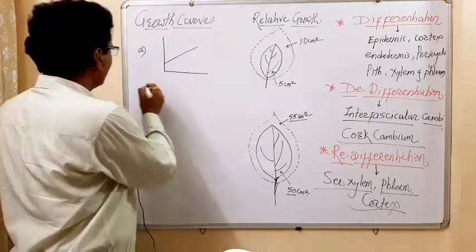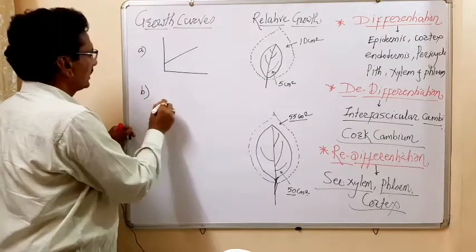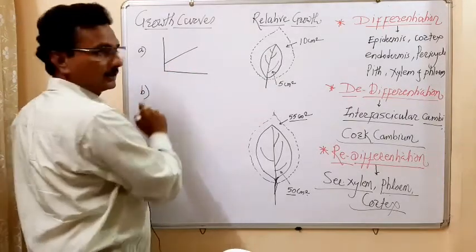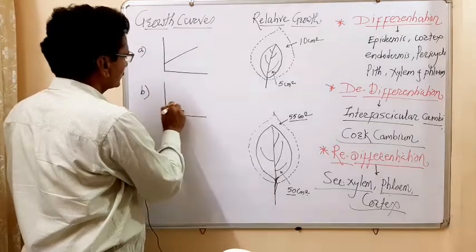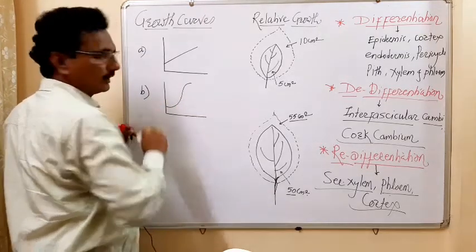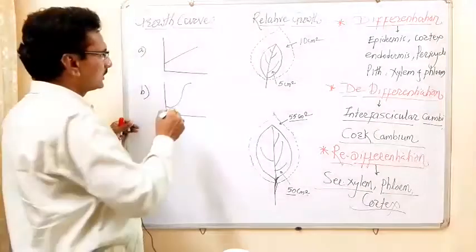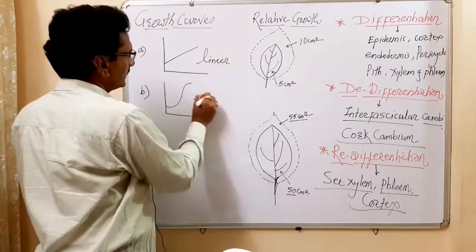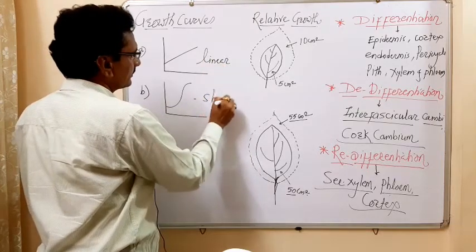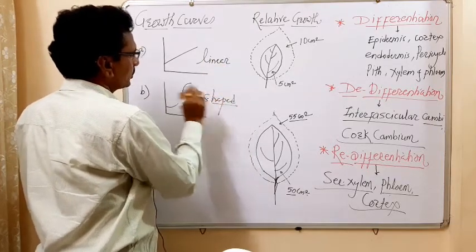The second graph shows the linear growth curve. Another option shows the S-shaped growth curve. The third option is a parallel line or straight line growth curve.